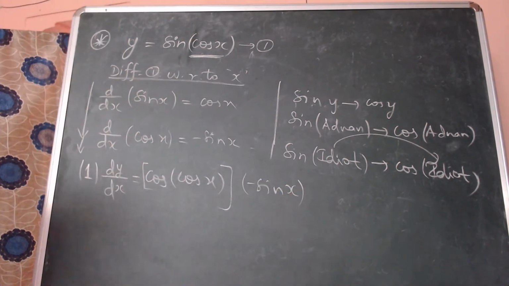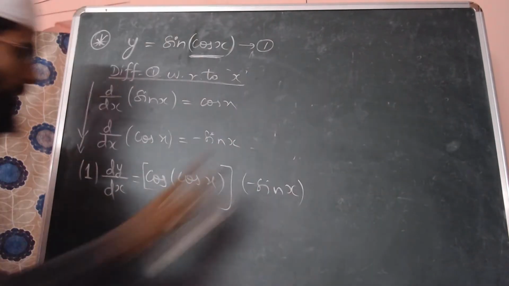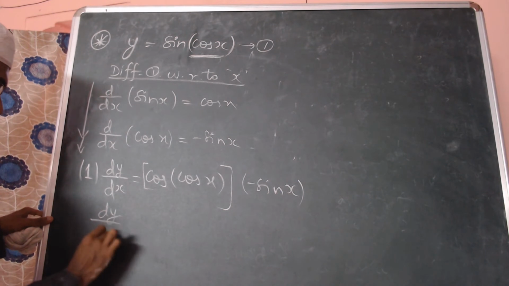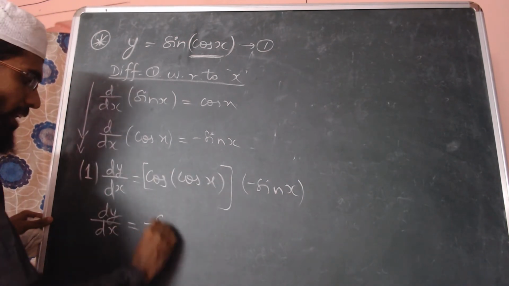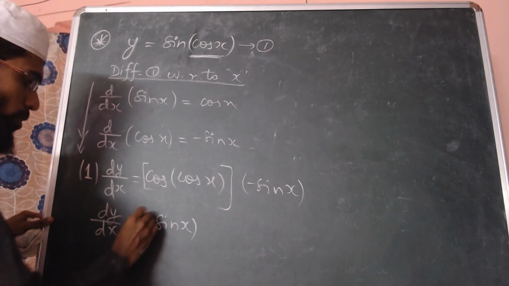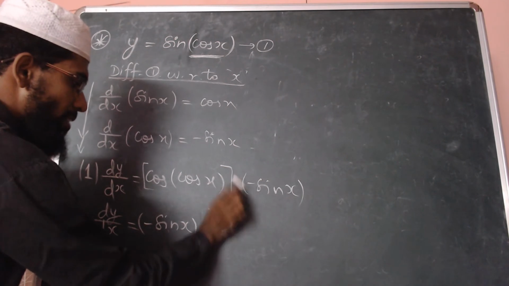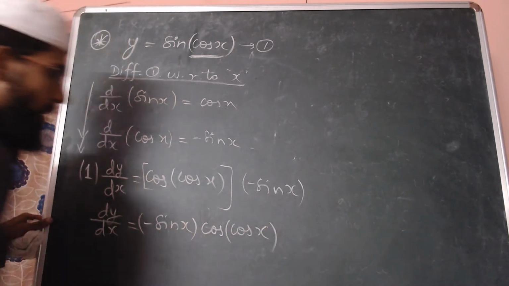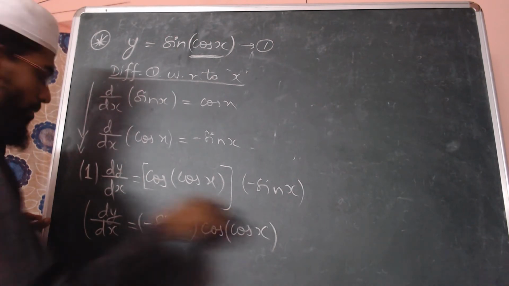Now we can leave it like this, or we can simplify and write dy by dx equal to, taking it to the front, minus sin x into cos of cos x. It is not cos x into cos x, it is cos of cos x, a function of a function.